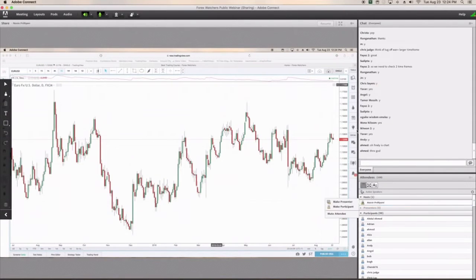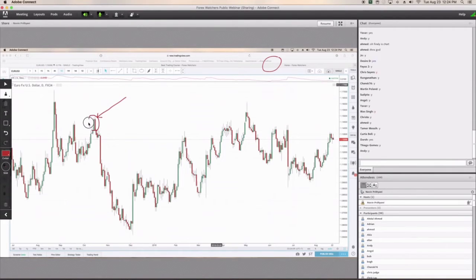Okay. Do you see my red circle? Yeah, so everyone can see the chart. Okay. Take a look at this candlestick pattern here. We've got two side by side like this.